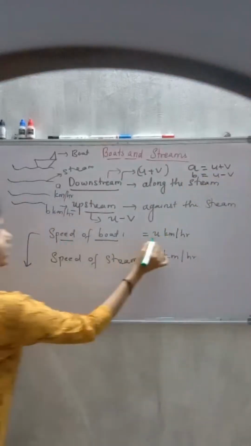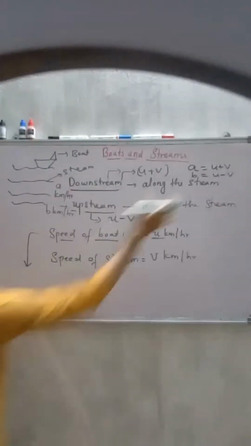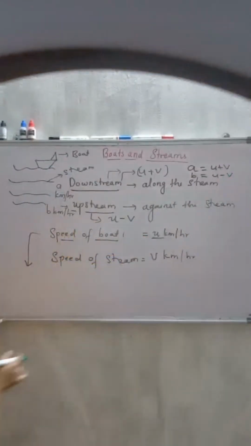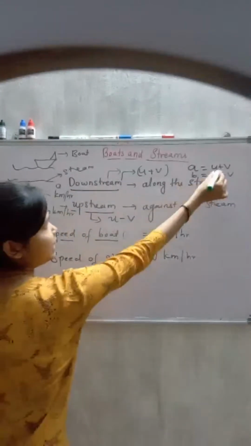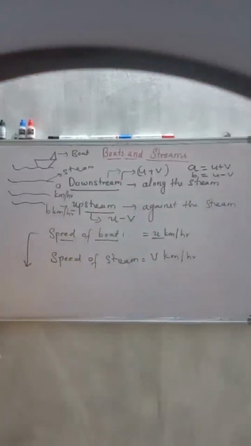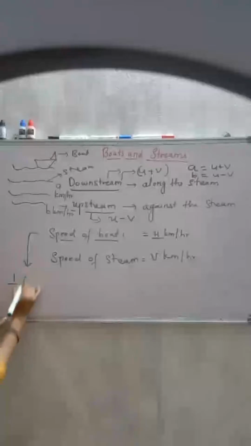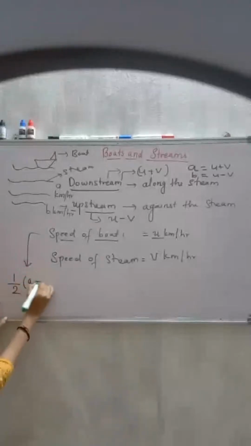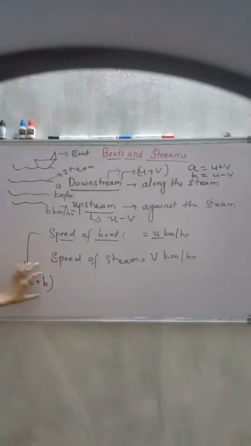Speed of boat is u. Add these two equations, we will get a plus b equal to twice of u. That means speed of boat will be half of a plus b. Means downstream plus upstream divided by 2 is the speed of boat.